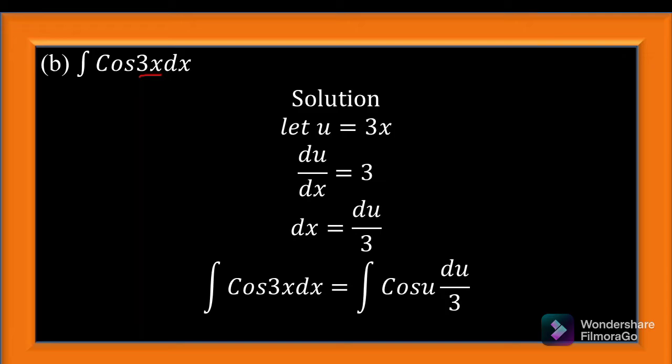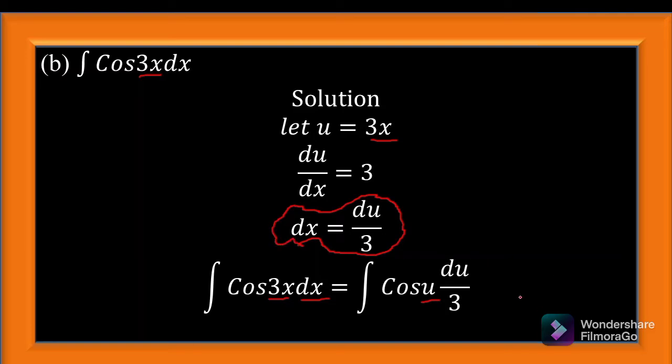What has happened here is that we have replaced the 3x with u because we called 3x to be u. We have replaced dx with du out of 3 because we made dx the subject at that level.